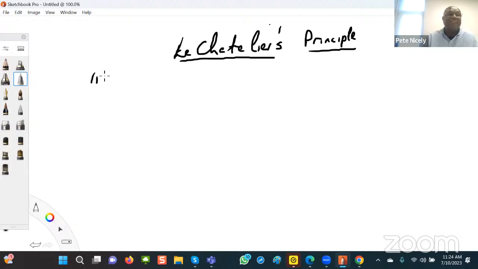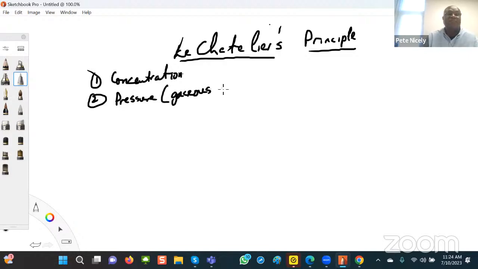One is concentration. The second one is the pressure, and this is for gaseous systems, so let me put in parentheses here, gaseous systems. The third factor we look at is temperature.